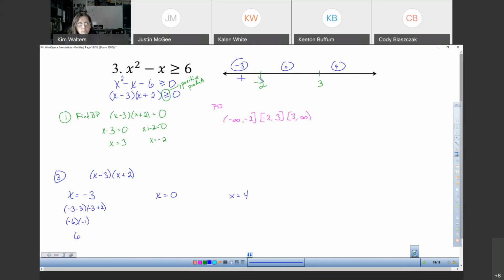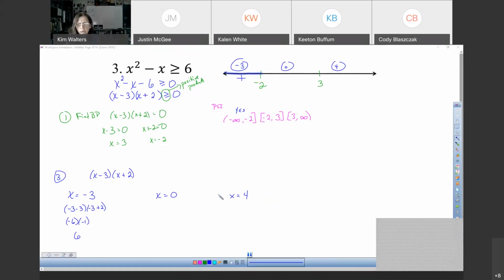Yes or no? Everybody answer me at once. Is a positive product what I want or not? Yes, excellent. Thank you. Okay, so this one is going to work. So this is going to be a yes one. So that's going to be a good one. So let's go ahead and shade that. Shaded this direction. This part is going to be good. Excellent.